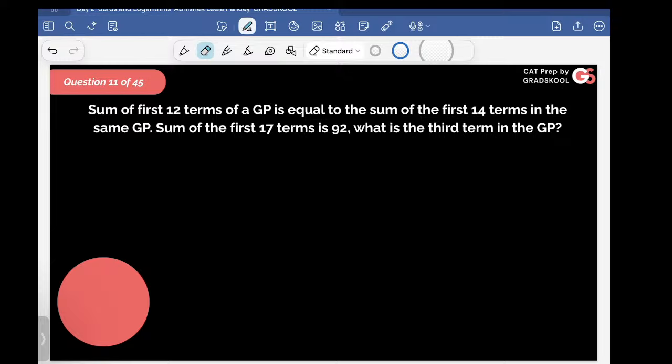जीपी का खौफ है. चलो अभी खत्म कर देंगे. अच्छा, all of you know what's GP, right?